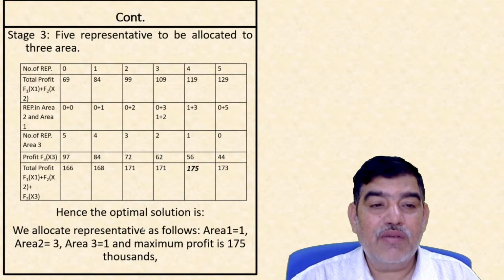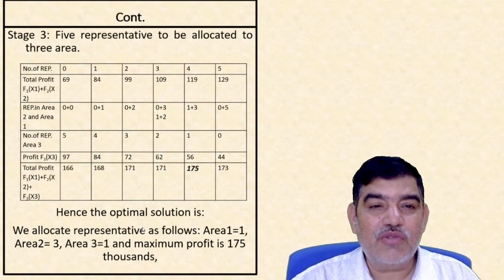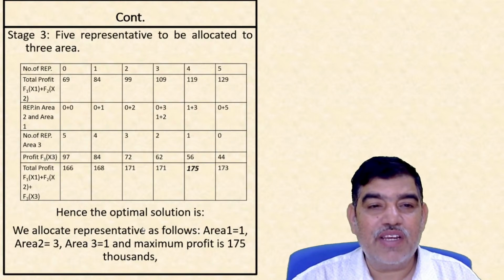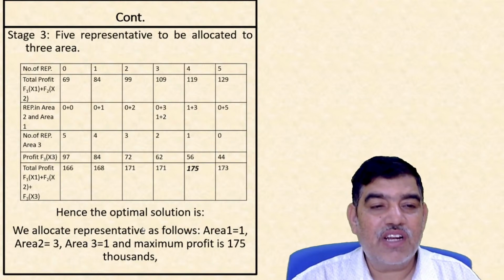Similarly, whenever you write 1 on top, below you write 4. Whenever you write 2 on top, below you write 3. Because 3 plus 2 is 5, that is total 5 representatives working in 3 different areas. Again 3, then 2, again 4, then 1, again 5, then 0. That's why the number of representatives in area 3 is 5, 4, 3, 2, 1, 0.